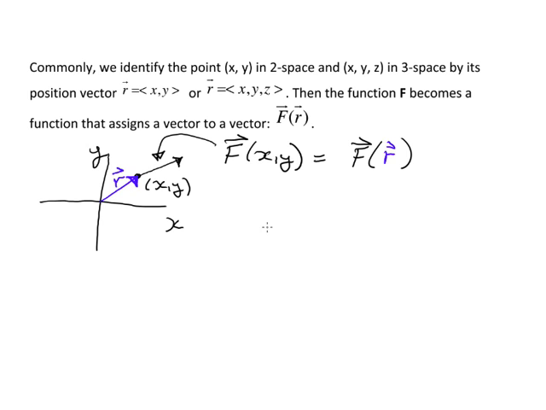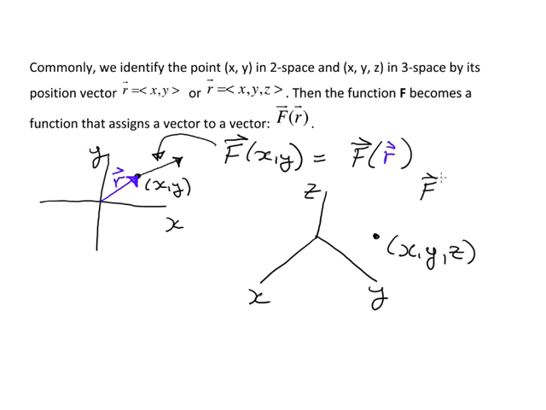Now, likewise in 3-space, it's a little bit more difficult to draw. If I have a point in 3-space, say right here, that has x, y, z coordinates, and then my vector function F of x, y, z may be like that.